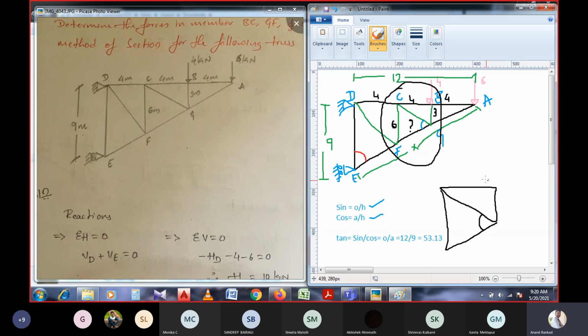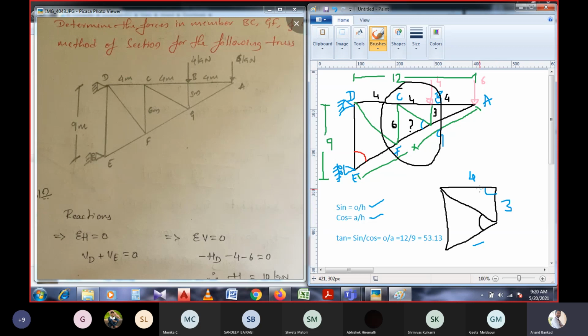The distances written are 4 meter and 3 meter. We know this is 90 degrees because it is perpendicular to the horizontal line, that is DA.